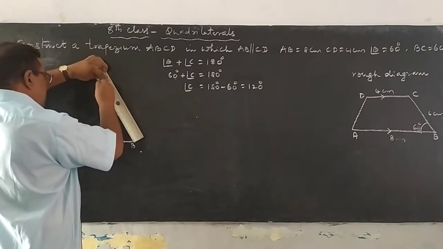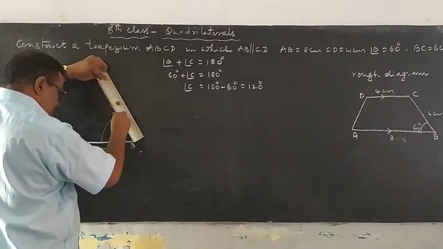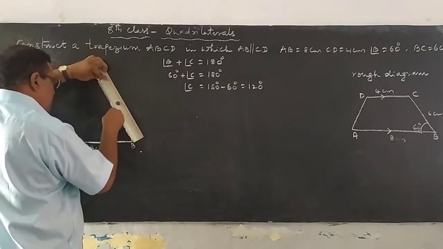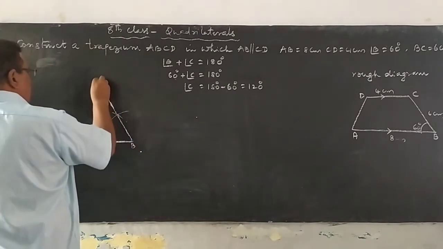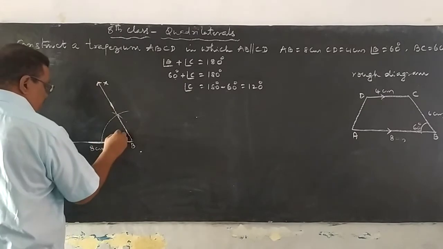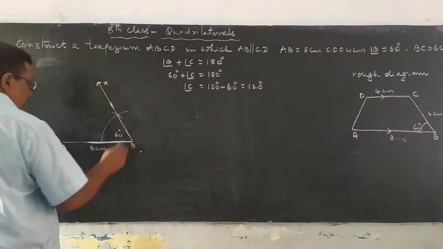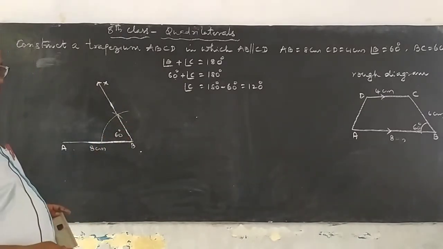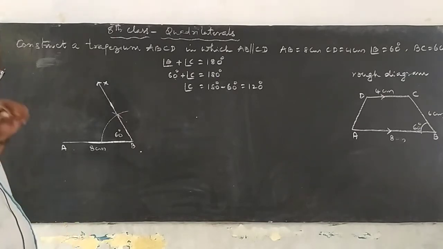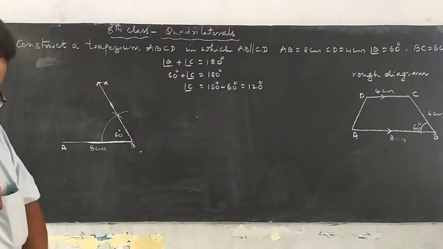Yes, draw a ray BX making an angle this much, 60 degrees. This one is 6 centimeters. So we need to take 6 centimeters.